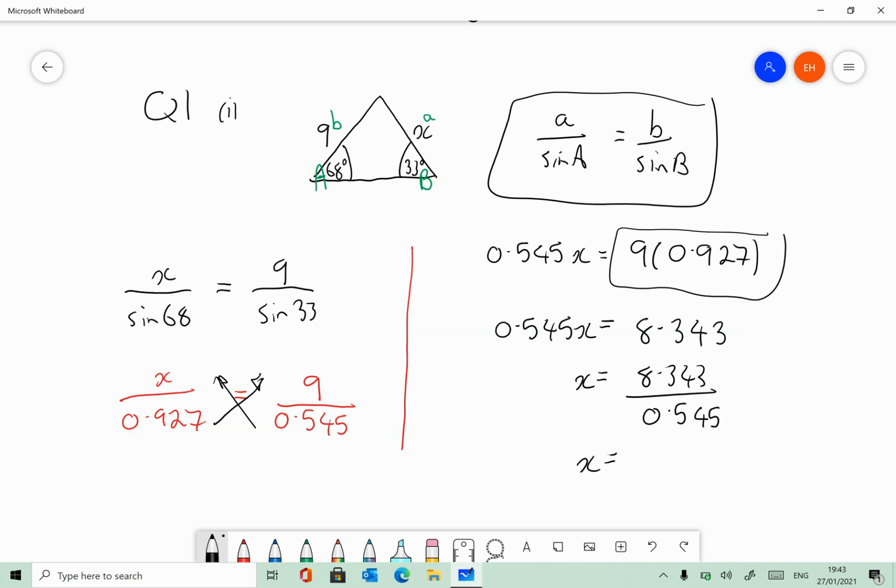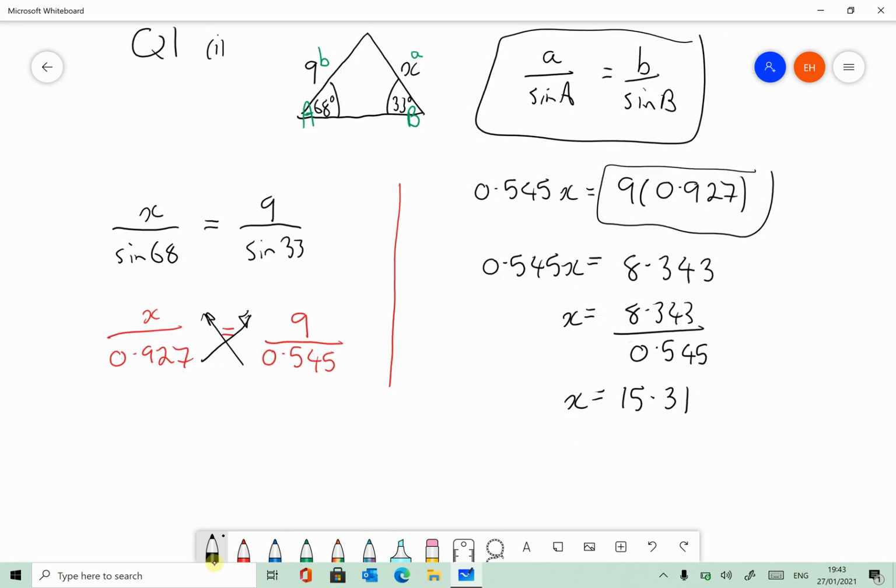So x must equal 15.31. So the length of x must be 15.31. And correct to one decimal place, that's going to be 15.3. So that's how to do that type of question.